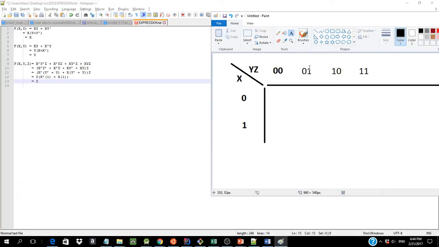One 0, that's a problem. Because this changes 0 to 1 and 1 to 0. This is two changes. Make sense?